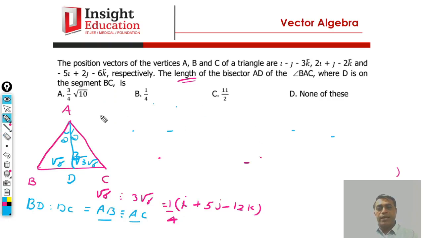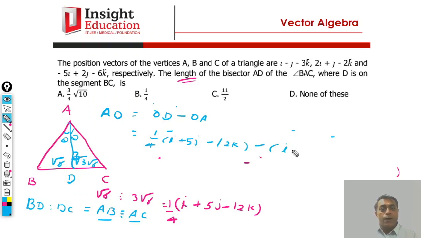So length AD. AD is equal to OD minus OA. OD is 1 by 4 (I plus 5J minus 12K), minus OA, which is I minus J minus 3K. Now to simplify, multiply by 4.